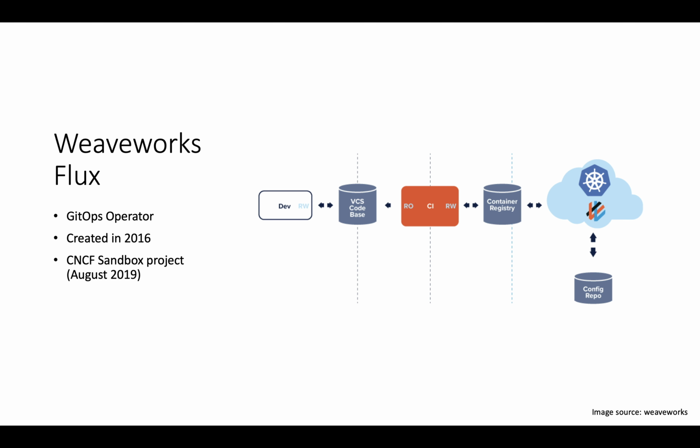Now we look at WeaveWorks Flux, the basics only, which is of course a GitOps operator created in 2016, and that's a CNCF sandbox project as of August 2019. So as you can see, a developer is still working on his code base with a version control system, and then a CI system is basically creating the artifacts, creating the containers.